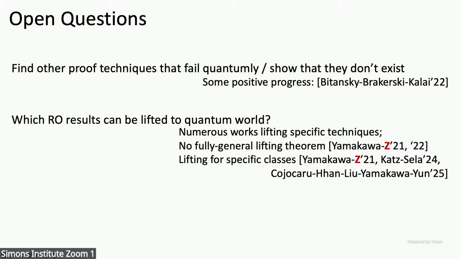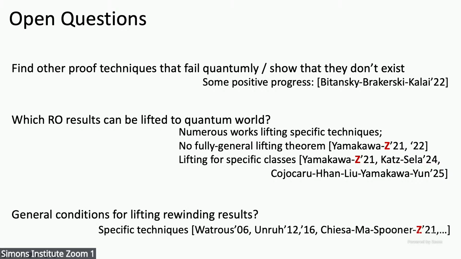We skipped random oracle stuff, so maybe I won't mention that. We're going to talk about rewinding momentarily. We have some specific techniques for rewinding, but they're all going to require additional conditions, either a stronger security assumption or some assumption about the protocol, and understanding what conditions we need for rewinding.